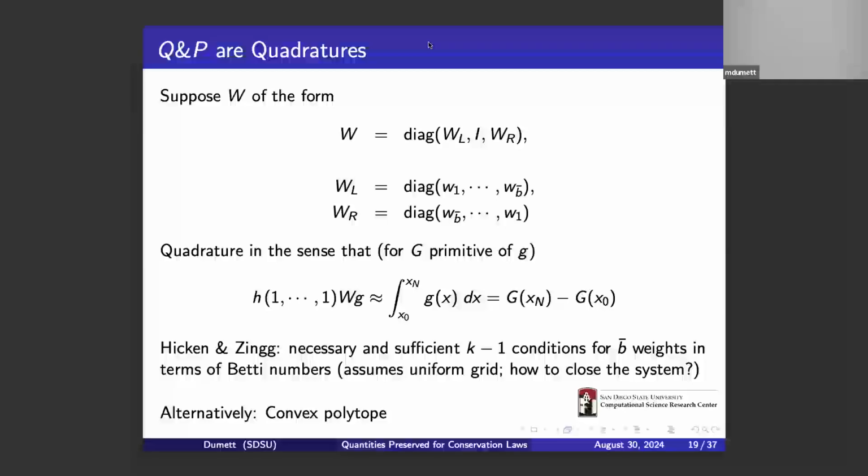But the question is, you are free to choose. You have too many solutions. You have fewer restrictions than unknowns. And so the problem is, how do you complete that set?